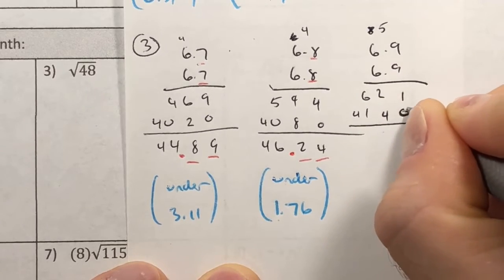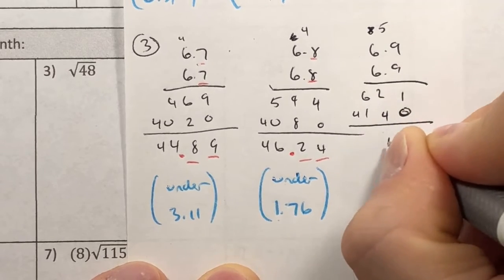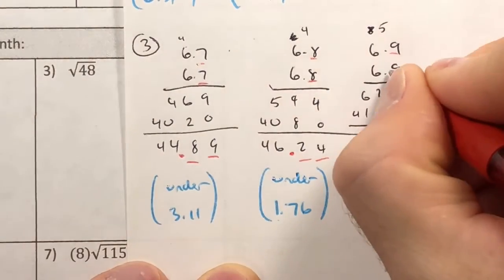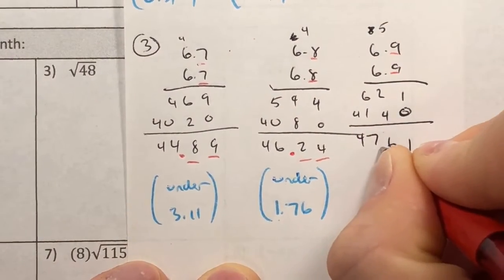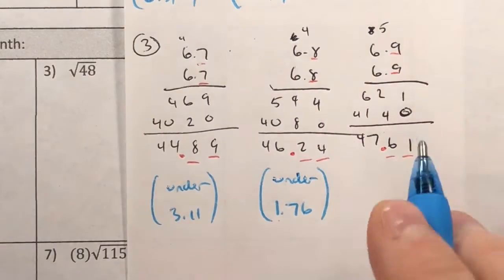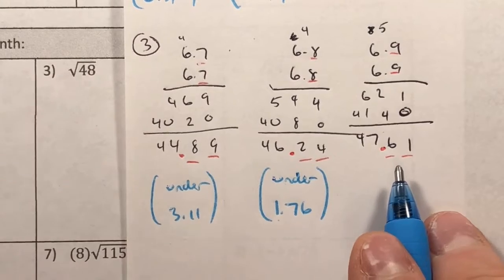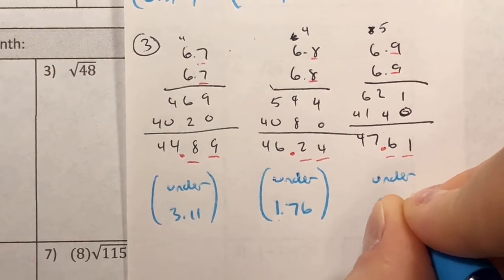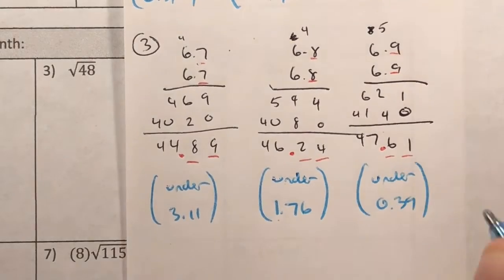That's going to be a 1, 6, 7, 4. I have 2 decimals, 2 decimals. Okay, so I'm still under, but I'm a lot closer. I'm only under by a few decimals. So here I'm under by 0.39.